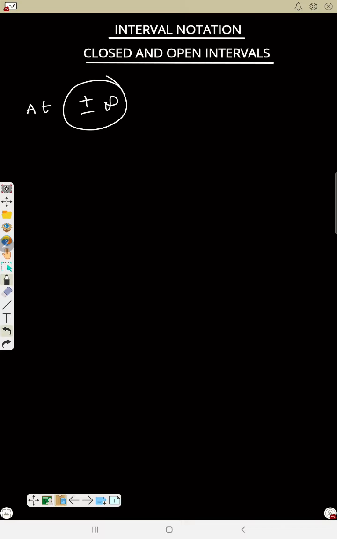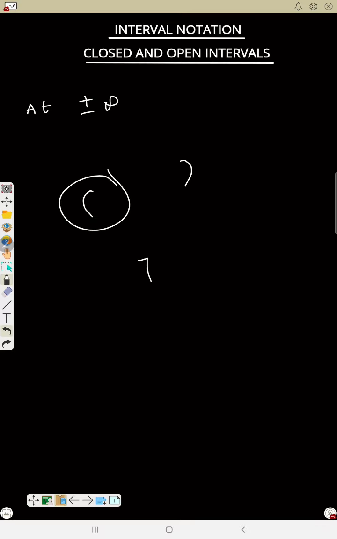So at plus or minus infinity, brackets are always open, meaning we always use this bracket or this bracket. So it's always open. You can't use this bracket when you have infinity. So you always use this form of bracket.